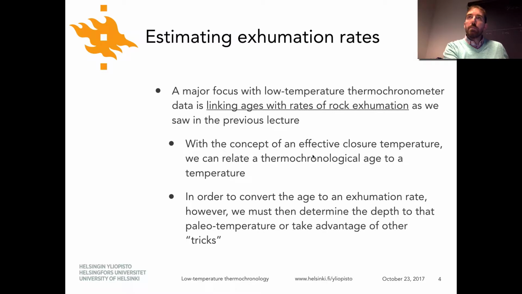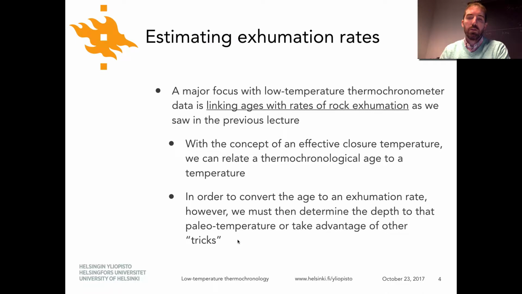And if we know what that depth is, then we have the possibility to calculate the rate at which the rock went from that depth to the surface where we collected it and measured. And so we can do that by calculating what the paleo temperature was, because of course, remember, the temperature 50 million years ago doesn't necessarily need to be the same temperature at that same depth today.